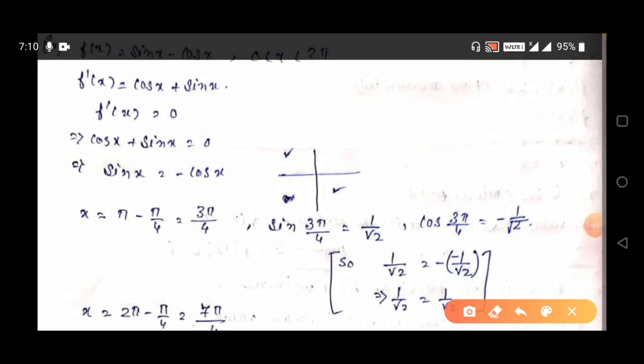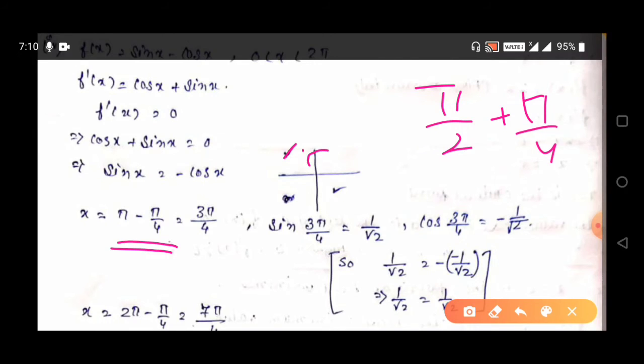Whenever we find the value in the second quadrant, we have to write pi minus pi by 4. We cannot write pi by 2 plus pi by 4, because in this way also we can come to the second quadrant.